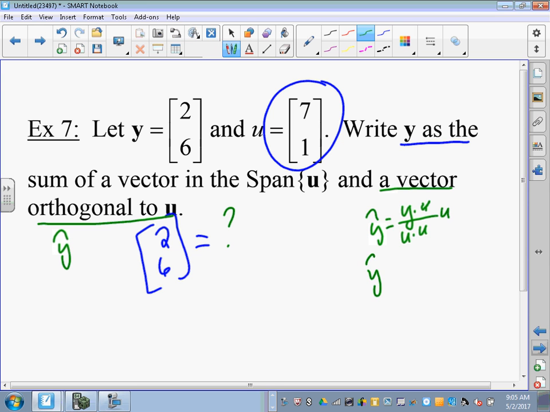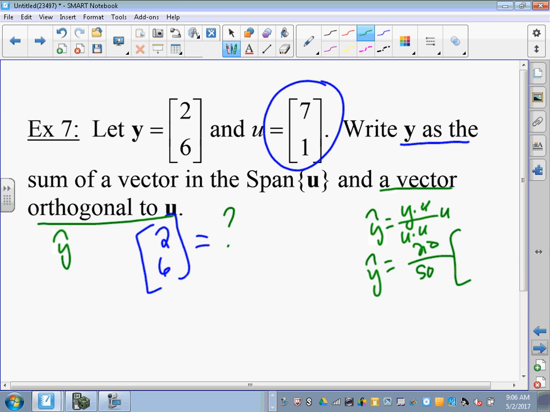So y hat is going to be, what is y dot u going to be? I mean, we kind of know that. What's on the top? 20? Over u dot u? 50?